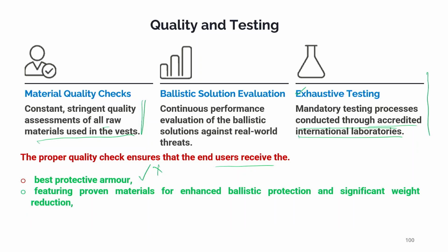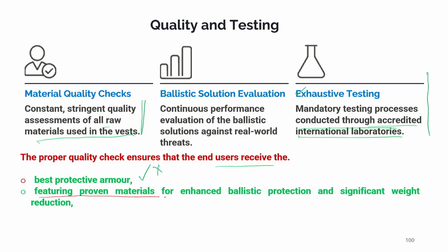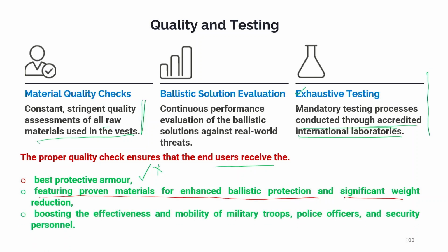So, it should feature the proven material for enhanced ballistic protection and significant weight reduction. So, proper material we have to select, and which will boost the effectiveness and mobility of the military troops. So, that weight should be reduced, so that the mobility is not restricted.